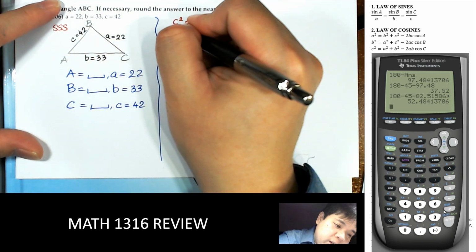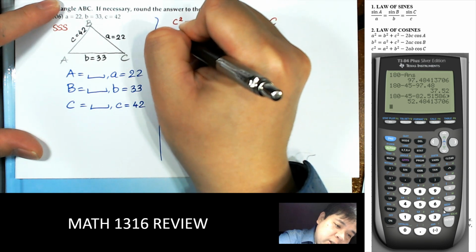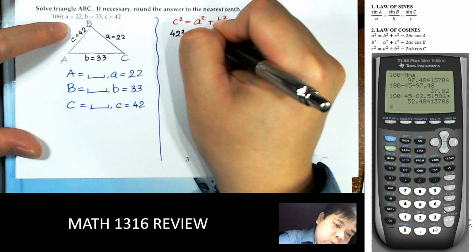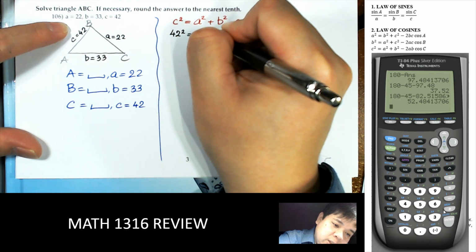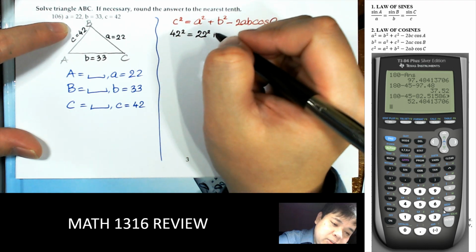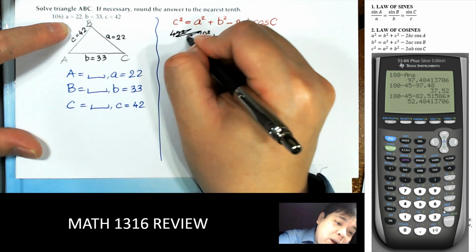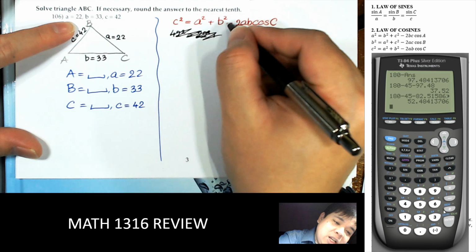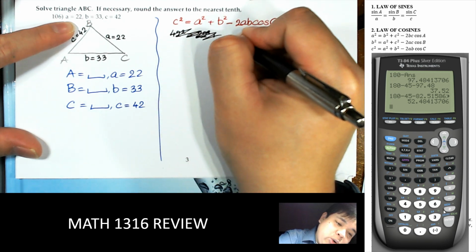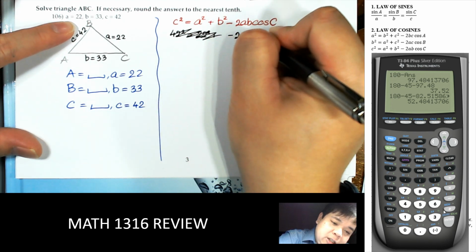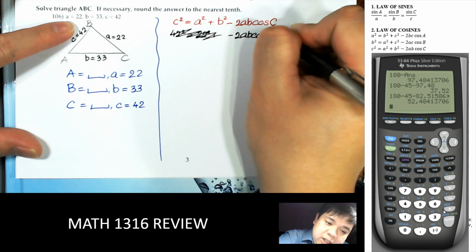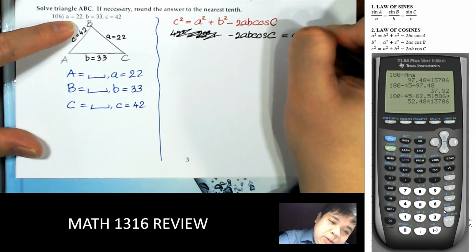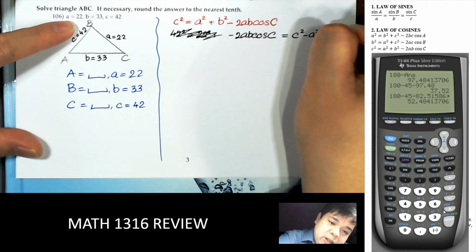C squared, 42 squared, equal to a squared, 22 squared. Actually it would be better if we just solve for cosine of C. So minus a squared minus b squared, so we write negative 2ab cosine of C equal to c squared minus a squared minus b squared.